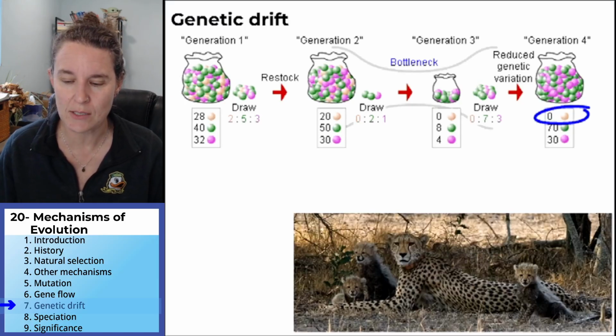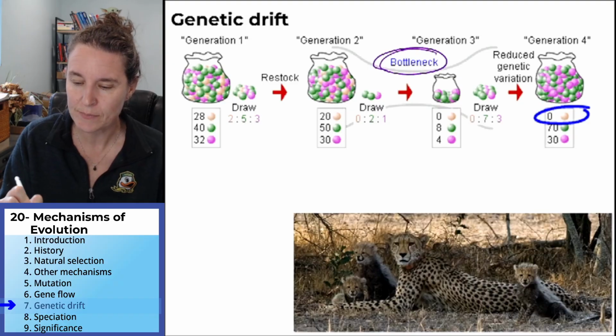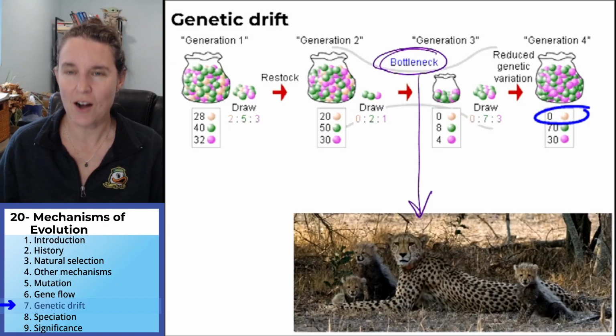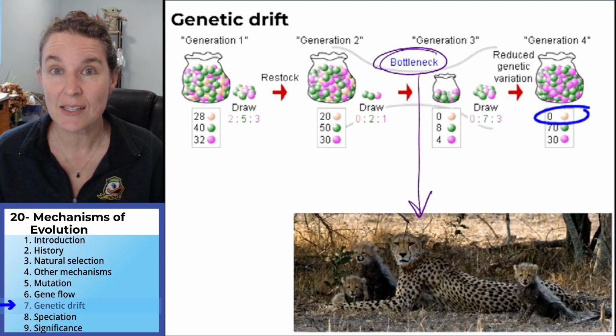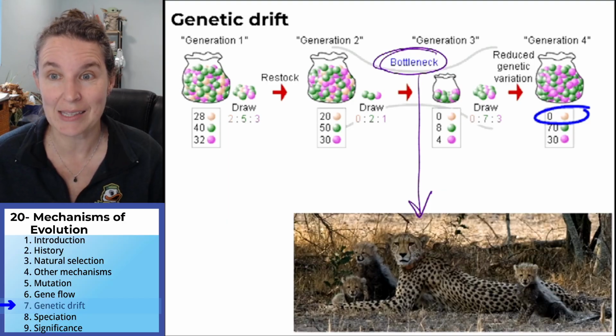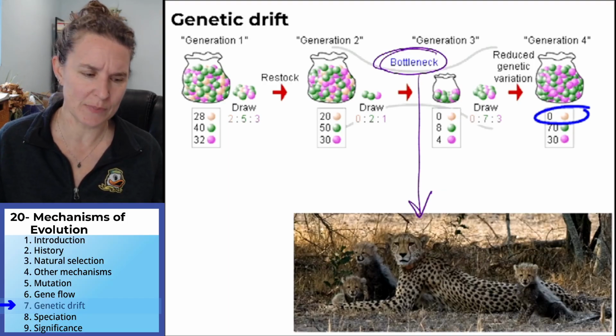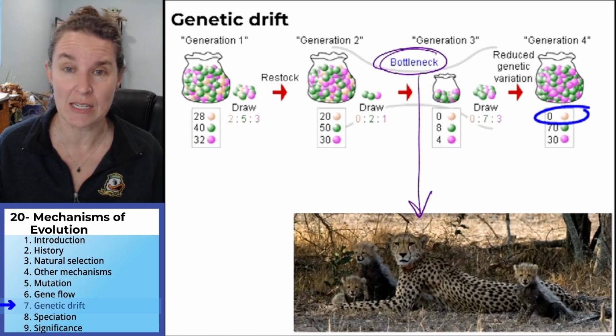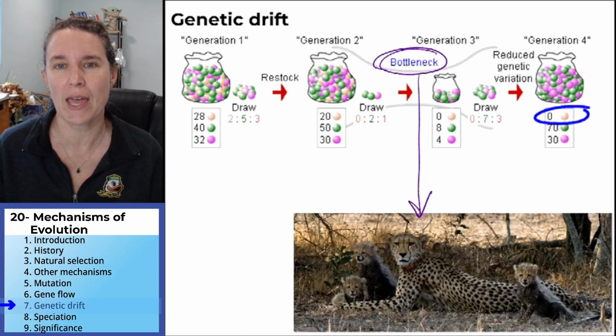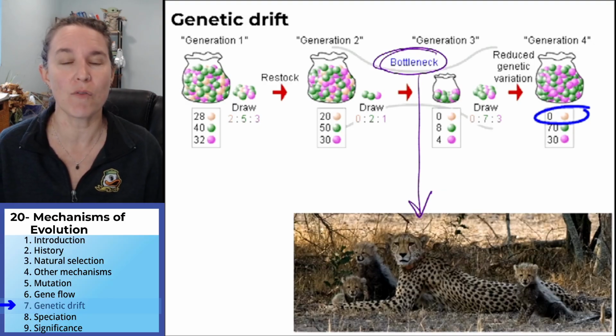One of them is called a bottleneck. And guess what? Our little cutie patootie cheetahs experienced a bottleneck back in the day. A bottleneck occurs when some sort of usually traumatic event, a volcano goes off and 90% of all the critters are game over.